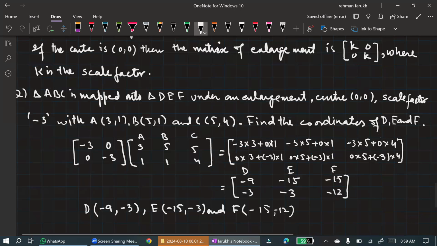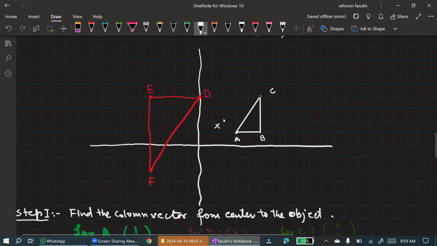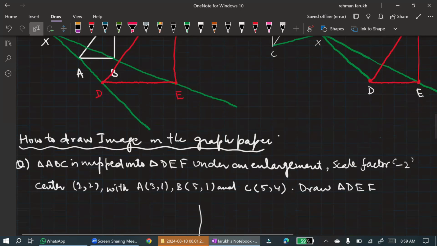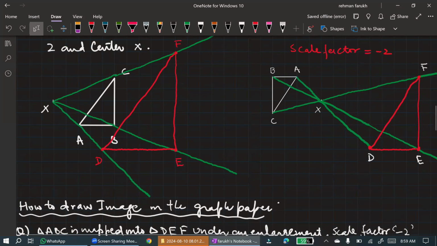Now keep it in your mind that you will draw all the lines with the help of ruler. That is, in this case, triangle DEF should be drawn with the help of the ruler. There should be exact straight lines. You will draw these green lines with the help of the ruler, and then you will draw the new points.